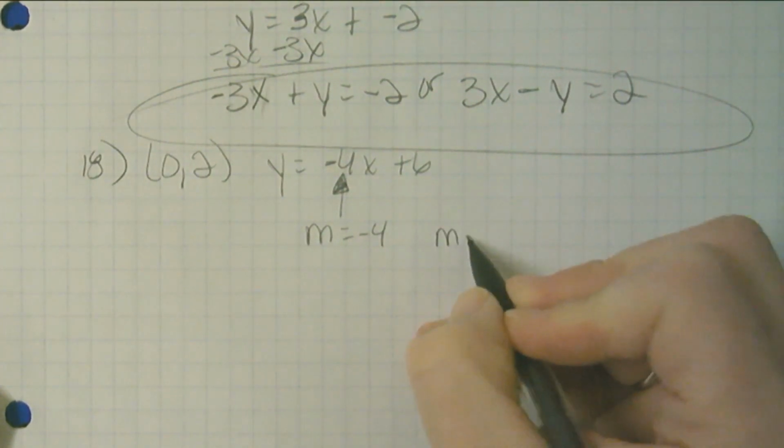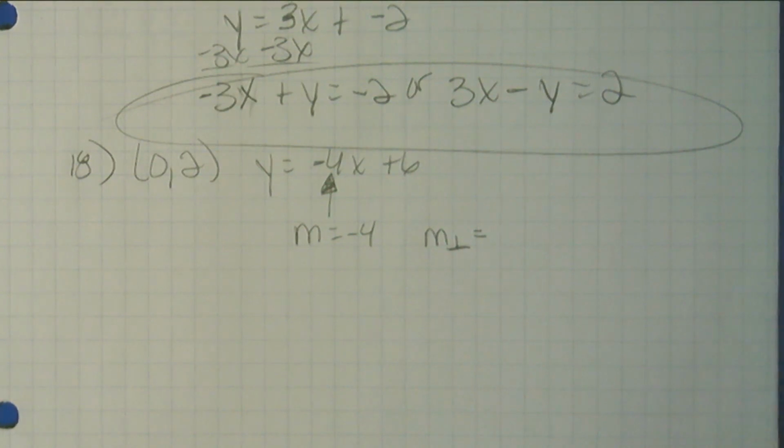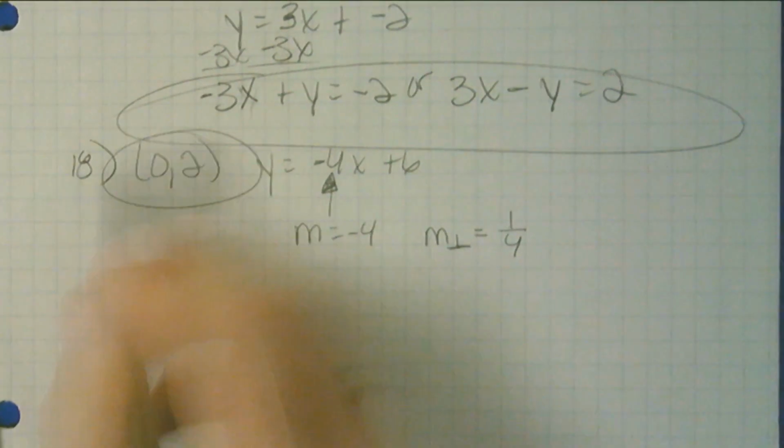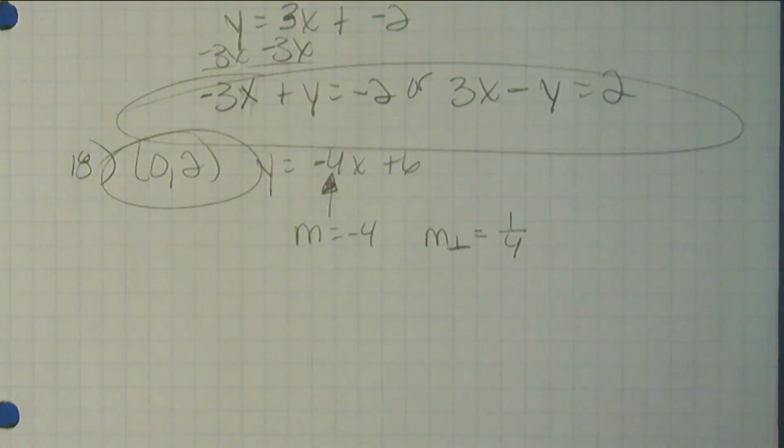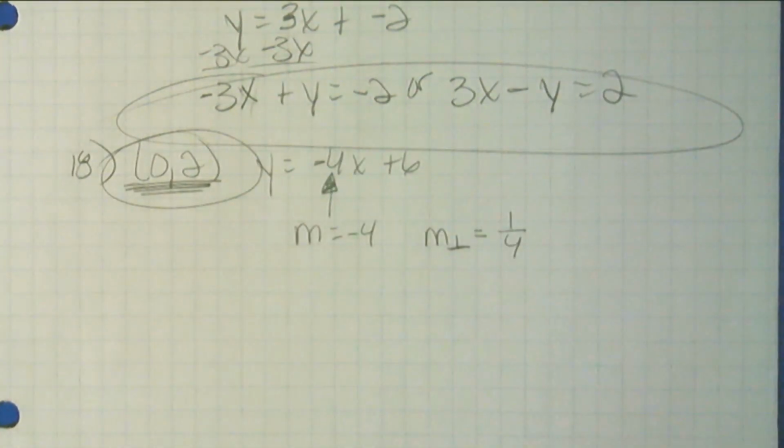Carmen, what is the perpendicular slope to that? Positive 1/4. The really nice thing is they've already given us our y-intercept, so there's no work I need to do to find my b value. How do I know that this point is my y-intercept?